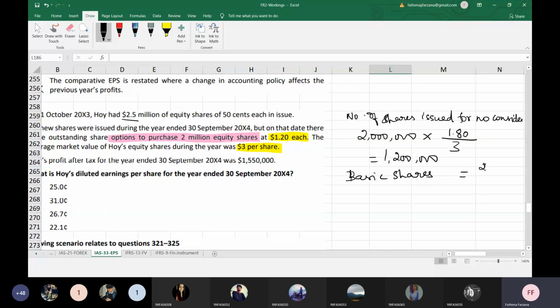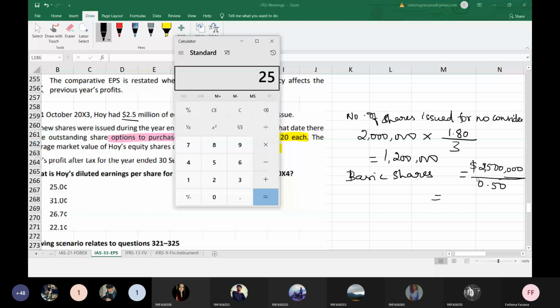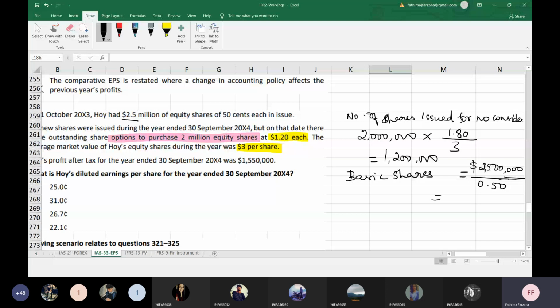I have 2.5 million worth of shares in dollars, and one share is 0.50 cents. So what is the number? 5 million shares. Or else you just have to double it.